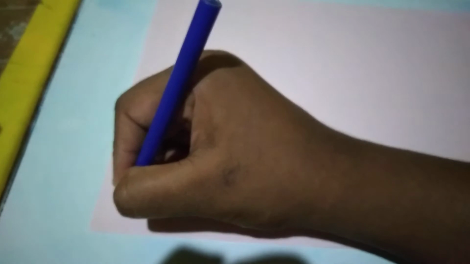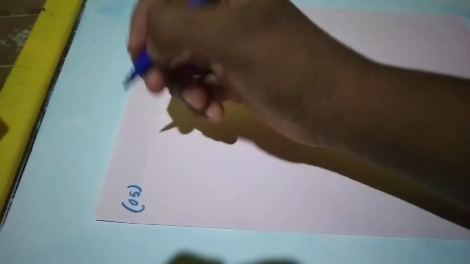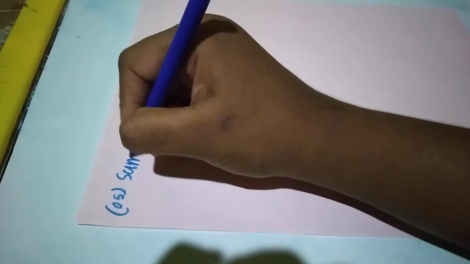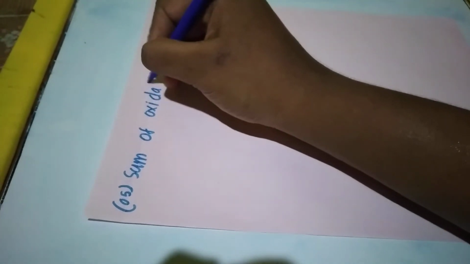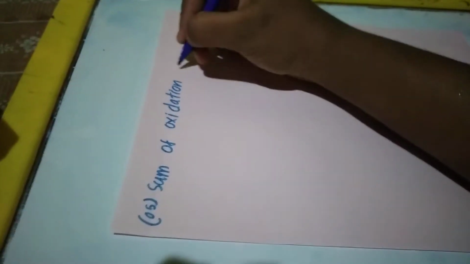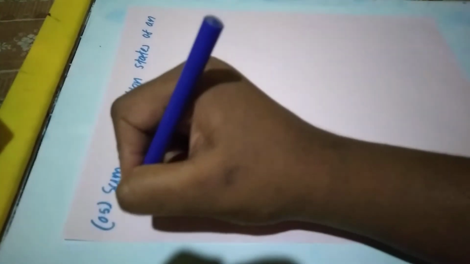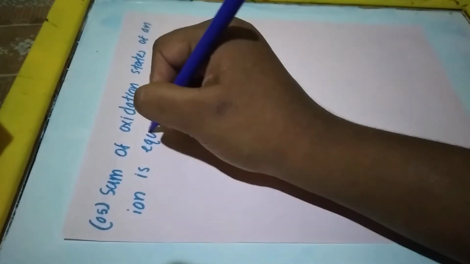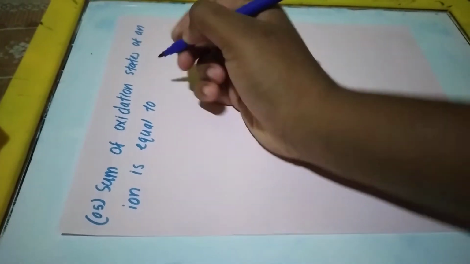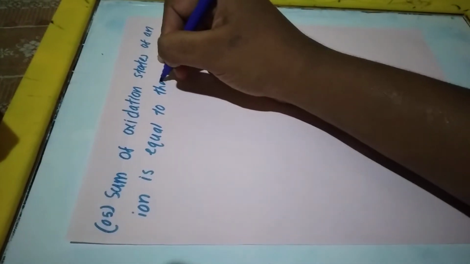In the case of ions, the fifth rule says the sum of oxidation states of an ion is equal to the charge of the ion.